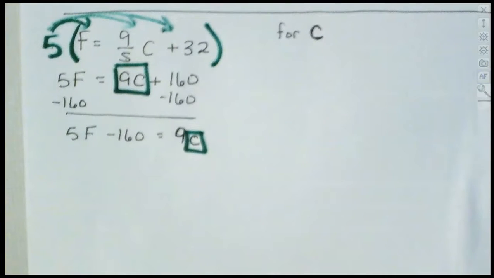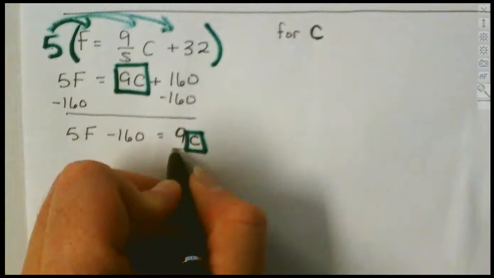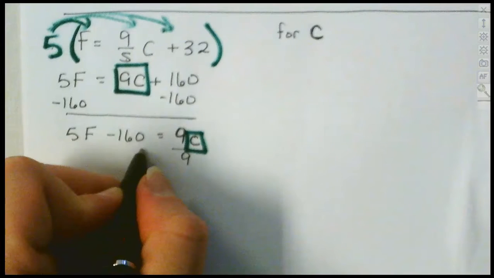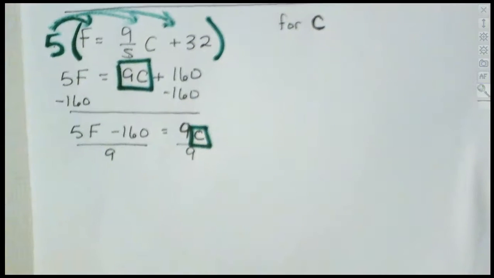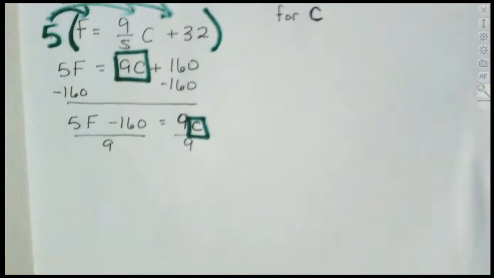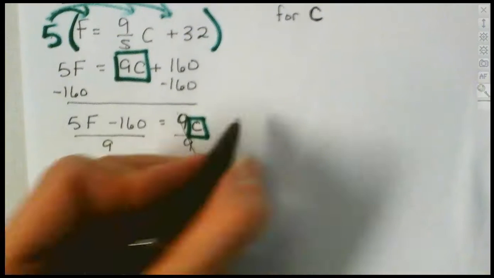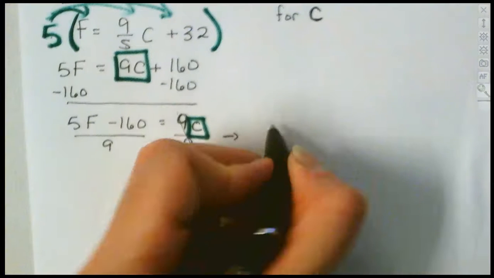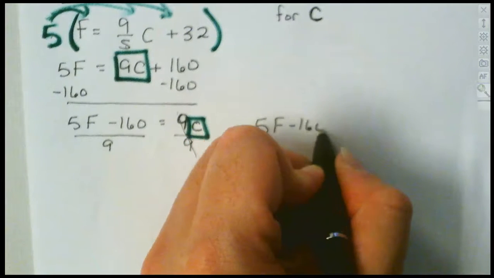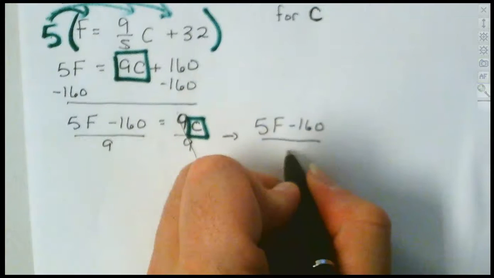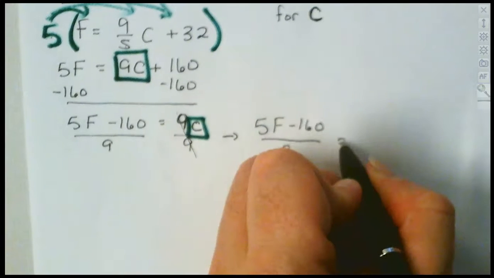So how do we get that C by itself? It's got a 9 in front of it. 9's related to the C by multiplication. Divide both sides by 9. And it's going to go over all of it. You don't have to break it down or split it up anymore. So the 9's cancel. And then that leaves you with 5F minus 160 over 9, and that equals C.